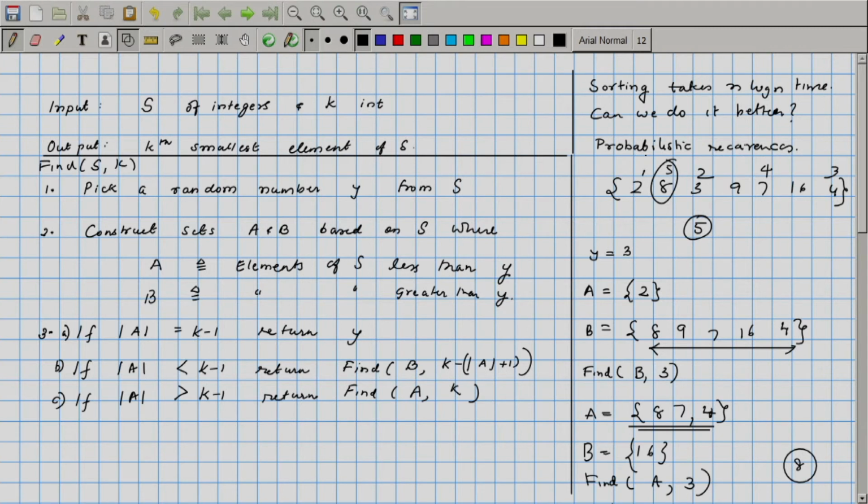How do we analyze this algorithm? The worst case running time of this algorithm can of course be very bad, but what we want is the expected running time of this algorithm. That could depend on k.